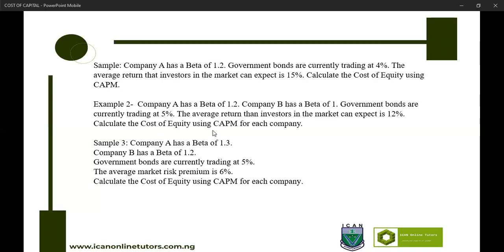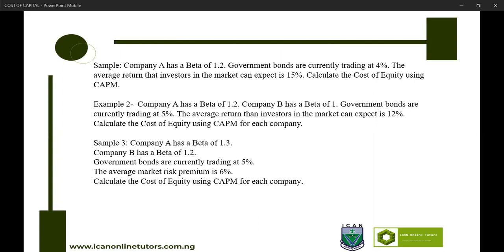All right. Illustration using the CAPM to calculate cost of equity. Company A has a beta of 1.2. Government bonds are currently trading at 4%. The average return that investors in the market can expect is 15%.